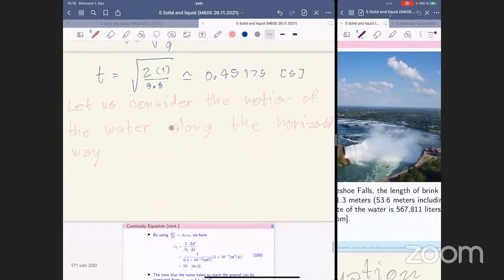So we're going to use a simple motion equation.